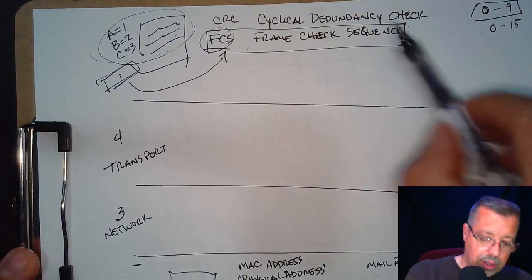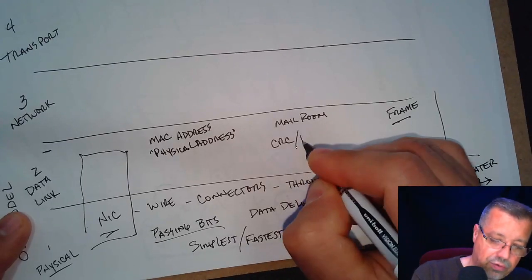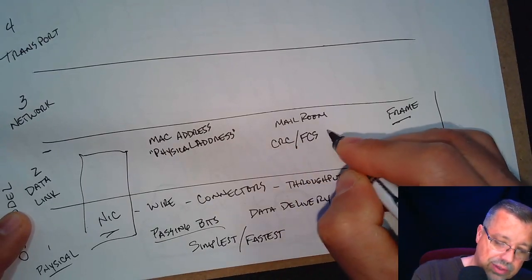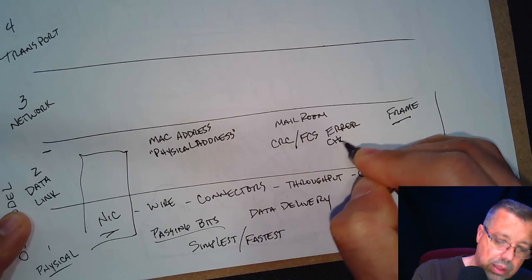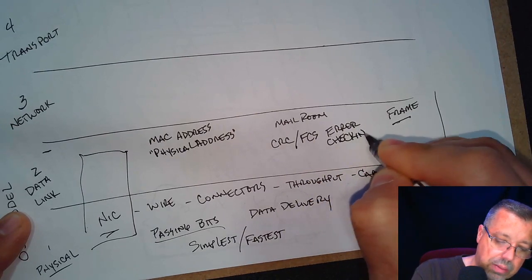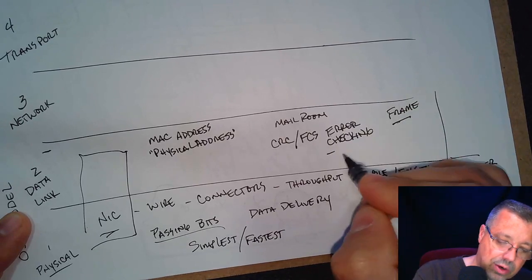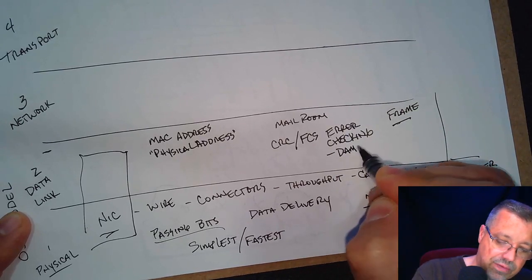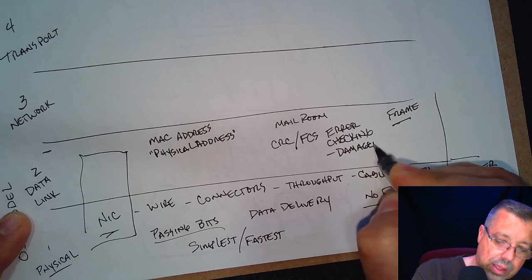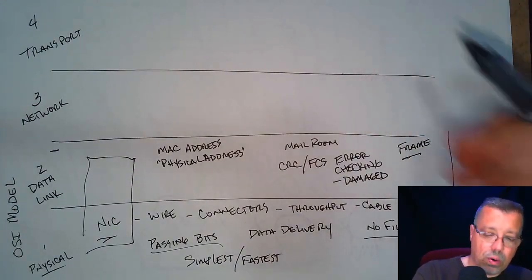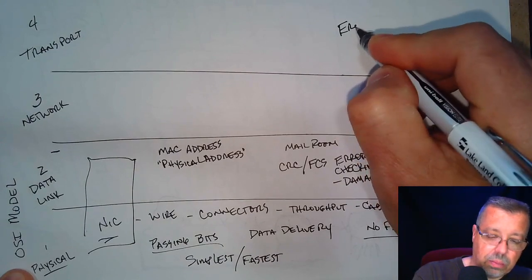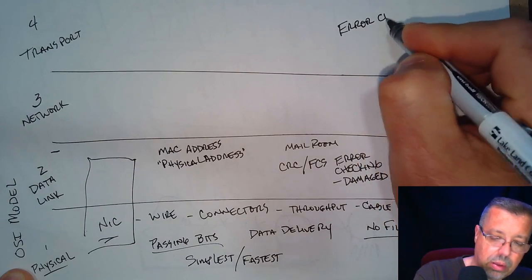Okay, so the CRC, if I come down here, frame check sequence, this is the error checking mechanism, and it checks if the frame is damaged. Now, one of the things at layer 4 was error checking.